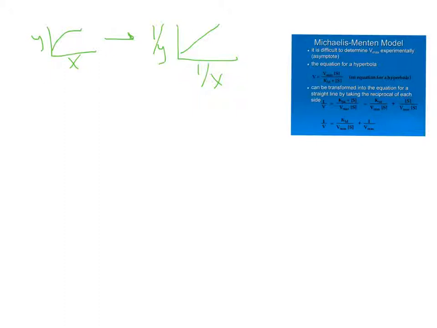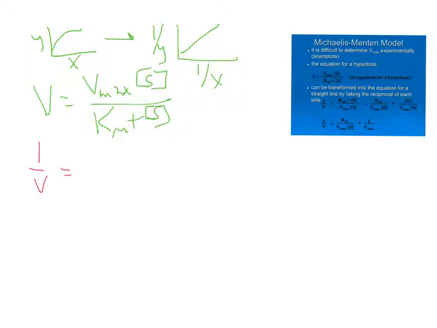And what they do here is, if we just take our V is equal to, now I'm just going to say Vmax times S, because it's easier to write, over Km plus S. Now we're just going to flip it over. So we have 1 over V is equal to Km plus S over Vmax times S.